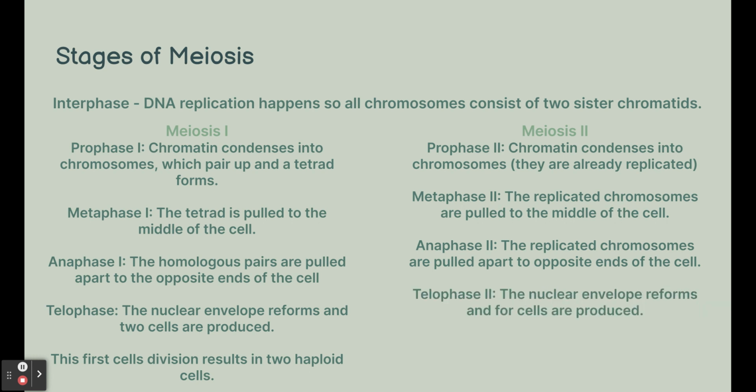And then telophase 2, so the two haploid cells that are produced in meiosis 1 both divide. And so now you're left with four haploid cells that are all genetically different, and these are called daughter cells.